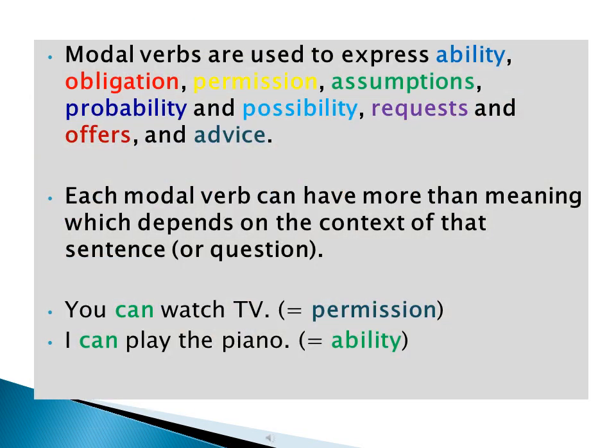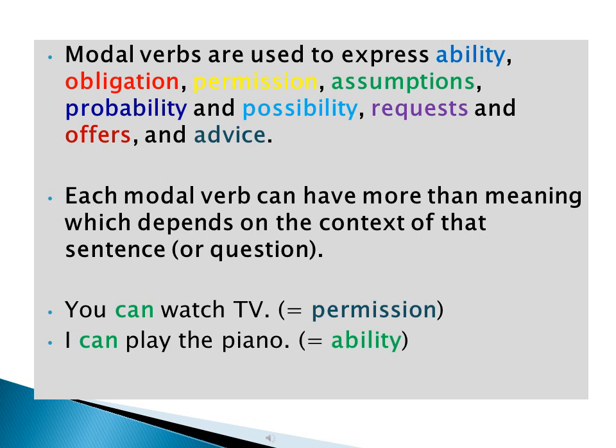Okay, here is something important that we should know about modal verbs. So modal verbs are used to express different meanings. Okay, for example, ability القدرة, obligation حاجة واجب فعلها, permission إذن, assumptions تخمينات, for example probability احتمالات, and possibility, request طلب, offers and advice.